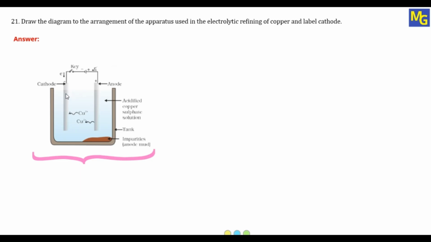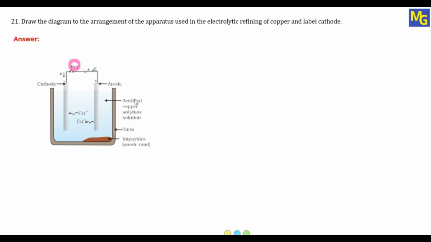It consists of 2 electrodes. This is one and this is another. These 2 electrodes are dipped in a solution which is called the electrolyte. Here the electrolyte used is acidified copper sulfate, and as it says electrolytic, electro means you have to use current, so this is the battery and here it is the key.